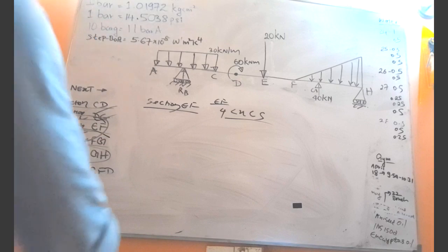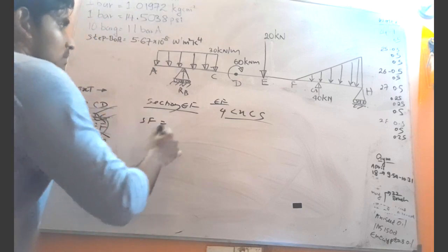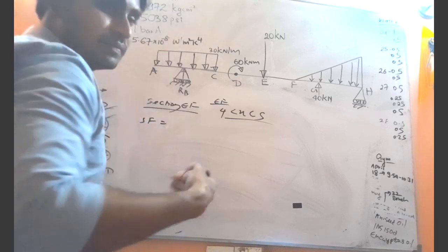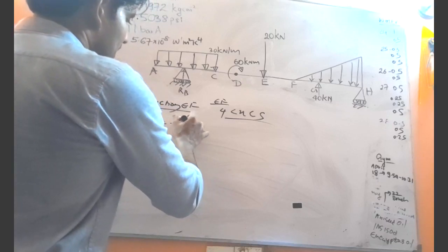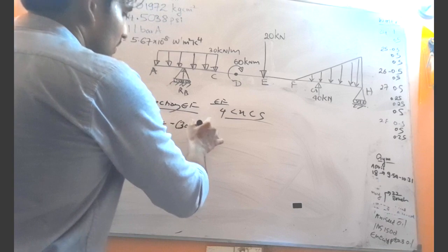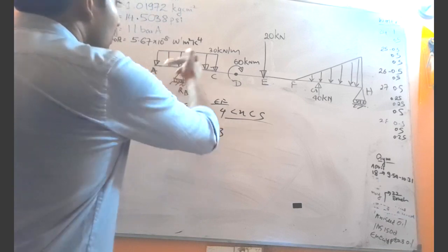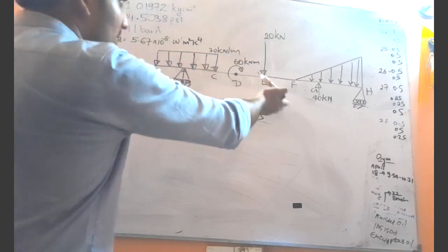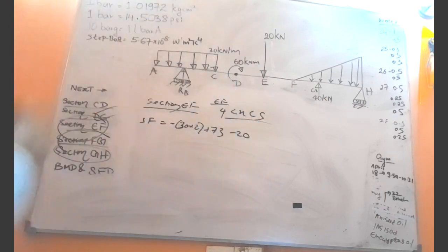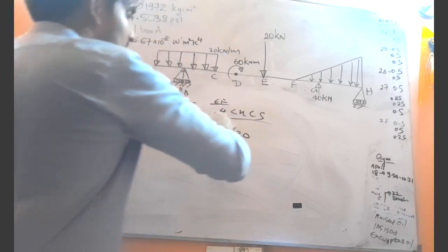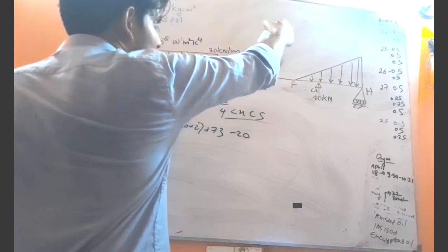So now let's write the shear force. We know how to write the shear force; now it is familiar to us. Minus 30 into 2 plus 73, then minus 20 kilonewton, because going down. Now when x is greater than 4, that means this 20 kilonewton is included.